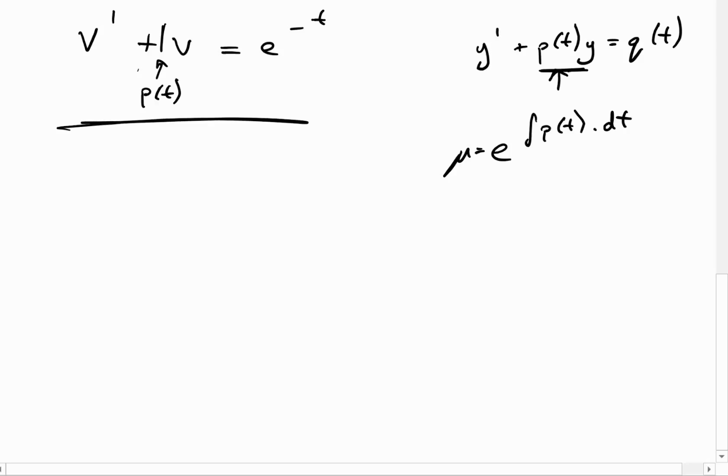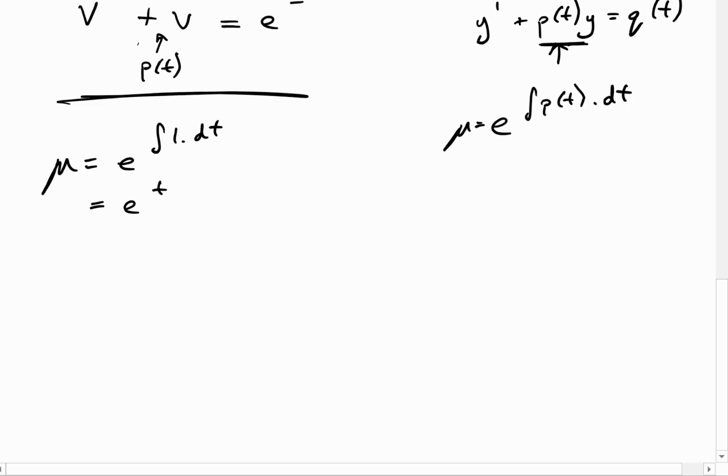So in this case, our p of t is 1, because it's hiding in front of the v. So mu will be e to the integral of 1 with respect to t, so in other words, it'll be e to the t. That is our integrating factor, and then it's just a case of solving it.